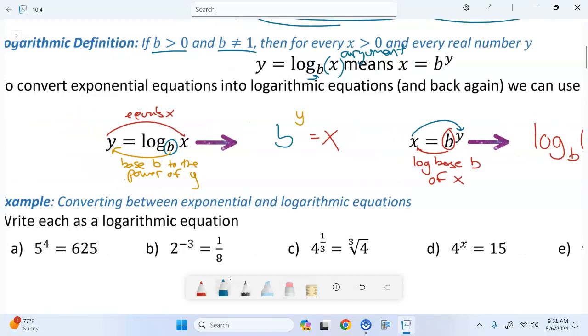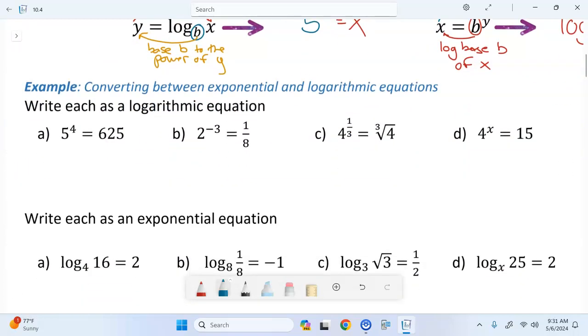So let's do it with some actual numbers. We want to write each of these in logarithmic notation. So we're going to start with our base of 5. So we have log base 5, and then we're going to go to the other side of the equal sign. Log base 5 of 625 equals 4.